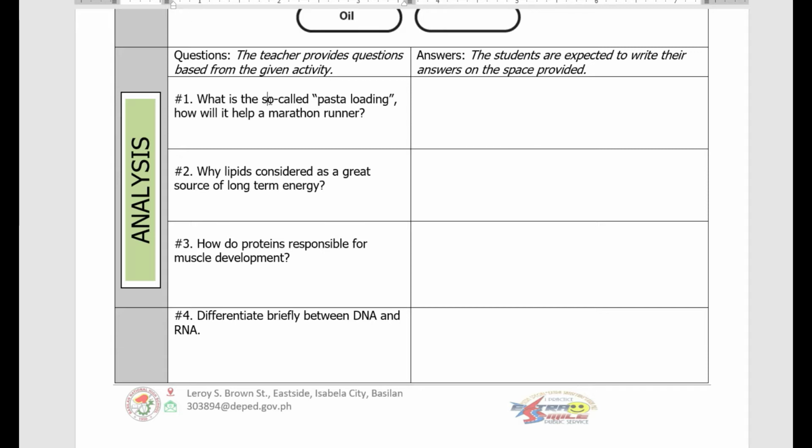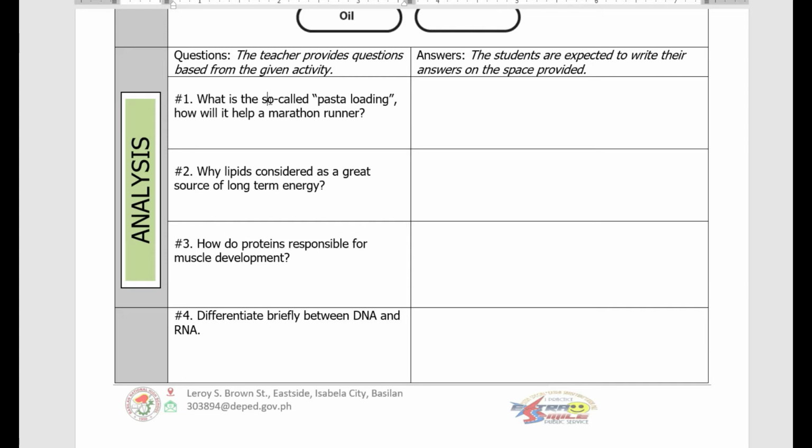Write your answer. Number 2, why are lipids considered a great source of long-term energy? We know that carbohydrates is a source of energy, but lipid is considered a great source of long-term energy. How does it differ from the energy given by carbohydrates?